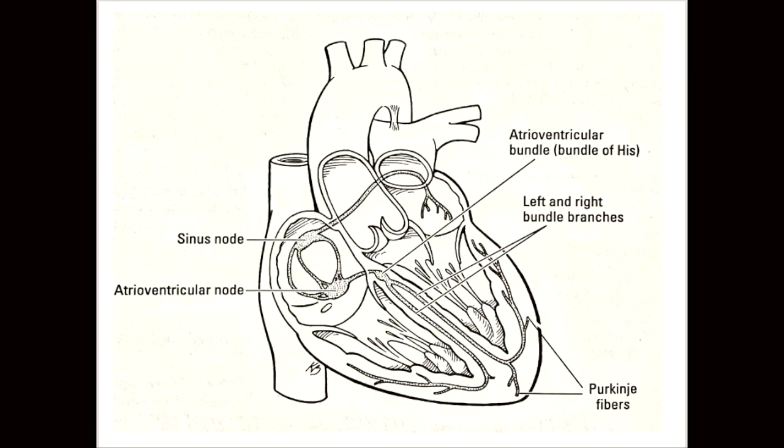It is not reliant on external mechanisms to initiate each heartbeat. However, it is supplied with both sympathetic and parasympathetic nerve fibers, which increase and decrease respectively the intrinsic heart rate.